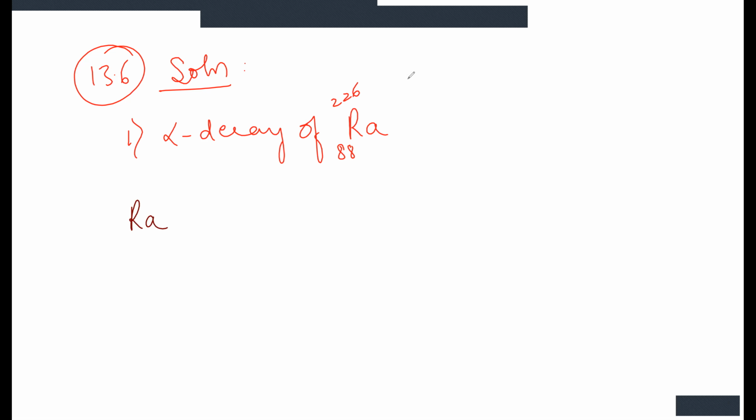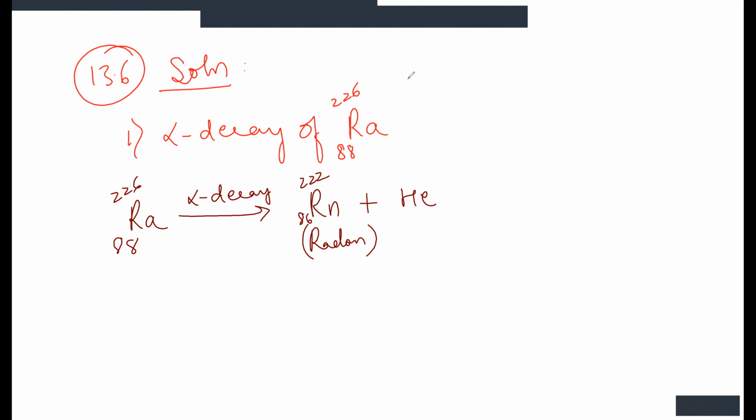When radium 226 undergoes alpha decay, it is going to produce radon, Rn, the element radon, 222 86, plus it is going to produce helium, the alpha particle. This is the first one.